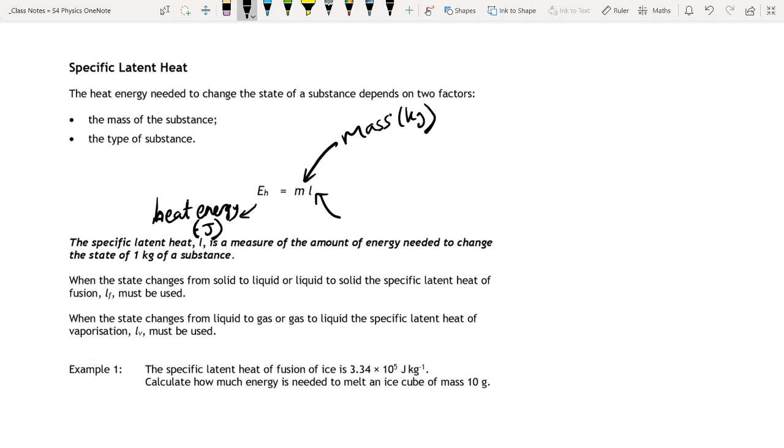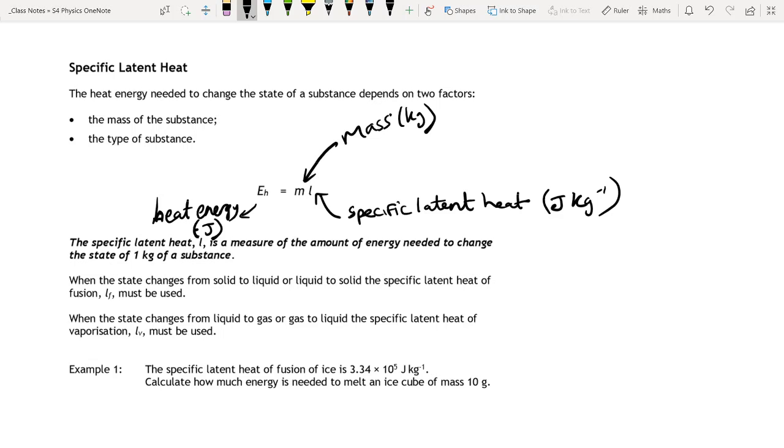And L is the specific latent heat. Okay. And the units for that is joules per kilogram. So it's a little bit easier than specific heat capacity, which is joules per kilogram per degree C.